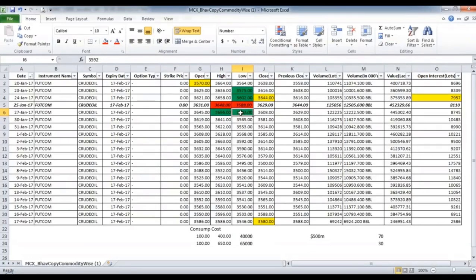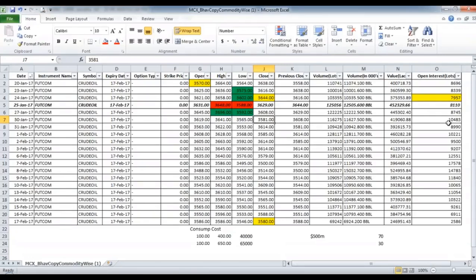Okay, and did it break 3592 completely? The closing is 3581, below, which is lower than 3592. So it is telling us that it has also gotten into a trend now, right?